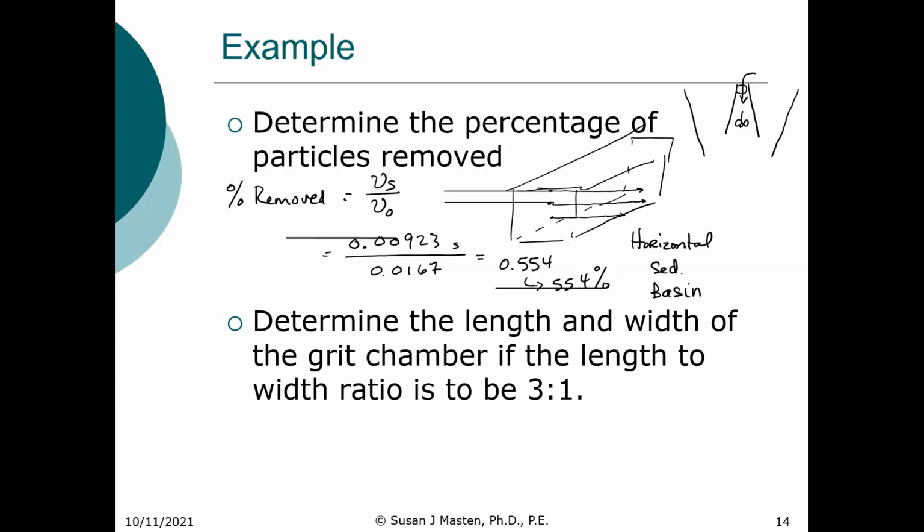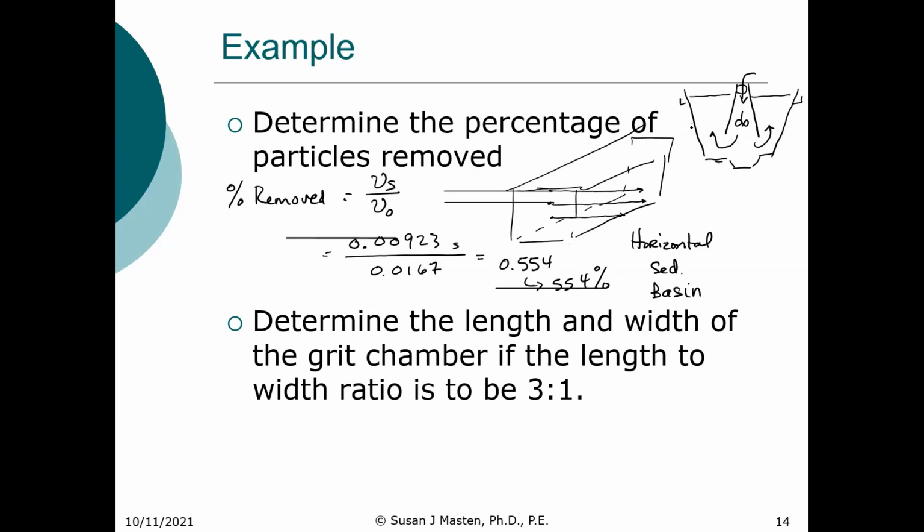This center is our mixing flocculation basin. It then flows upward. So this is the bottom. There's a hopper at the bottom. The water flows upward and then out a weir at the top.